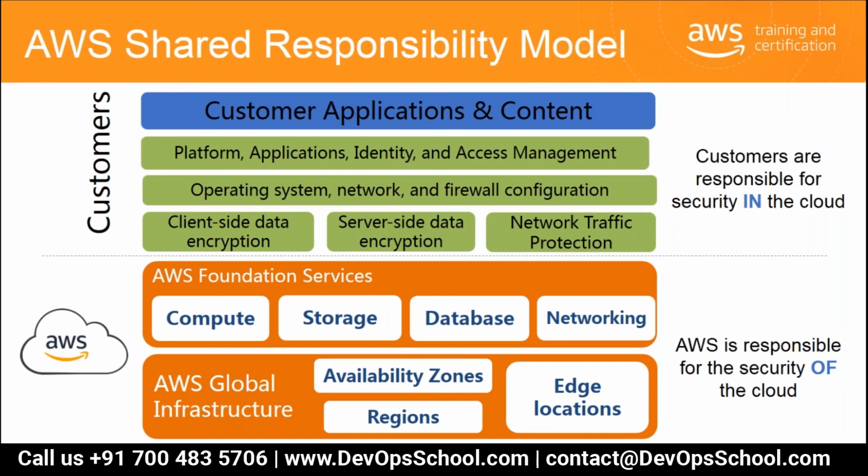Customers are responsible for securely configuring the services they sign up for, like EC2 instances, EBS, or S3. Whatever we are signing up for, we have to make sure that we configure them securely as per our requirements.